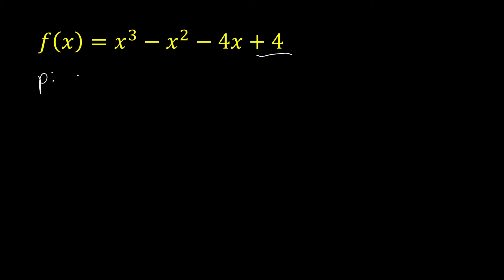And factors of positive 4 is plus minus 1, plus minus 2, and plus minus 4. As for q, remember that it is the factors of our leading coefficient, which is 1. So our only factor here is plus minus 1. Now we can actually get into solving the possible rational roots of this polynomial function.